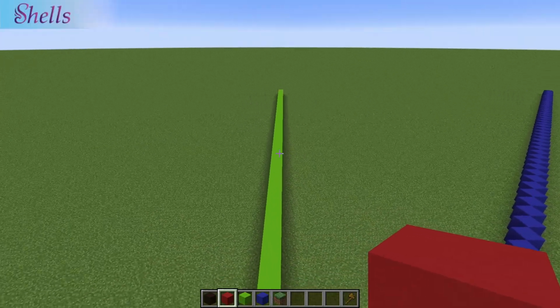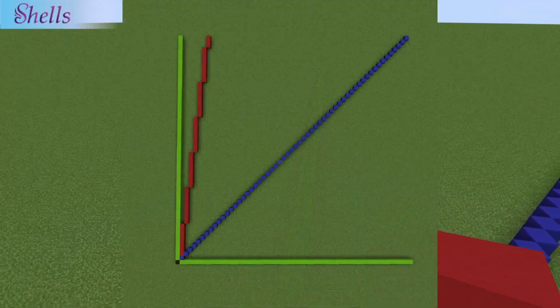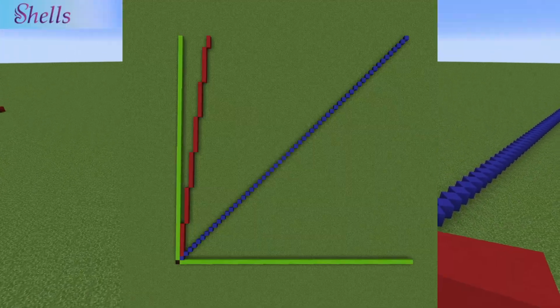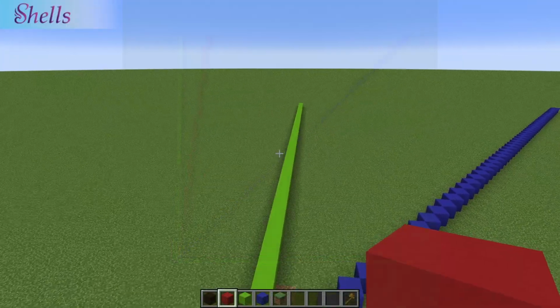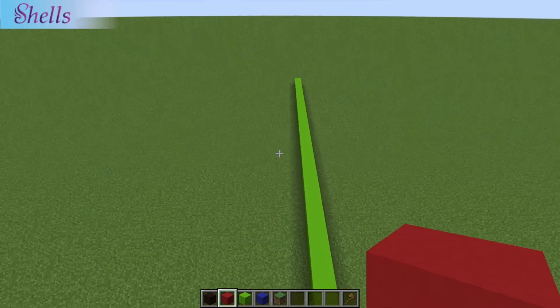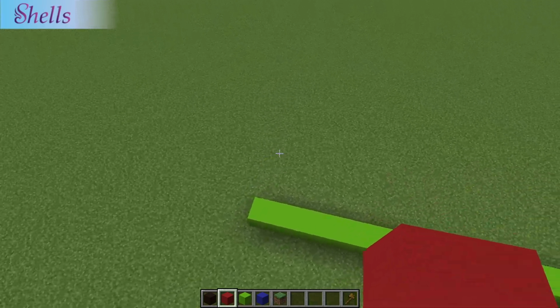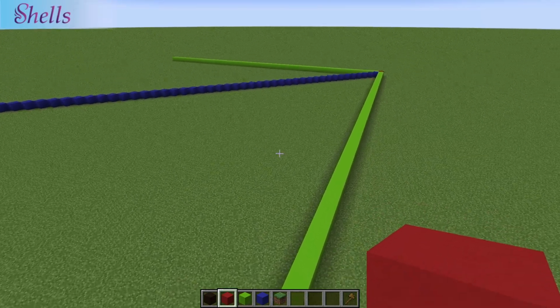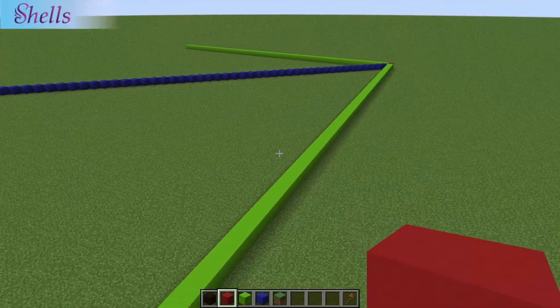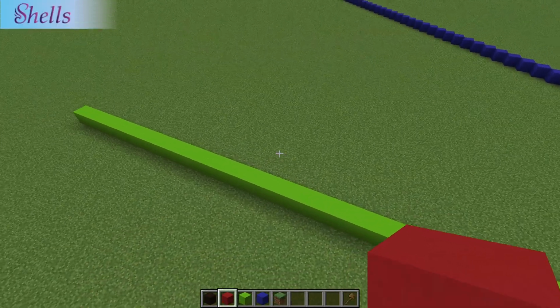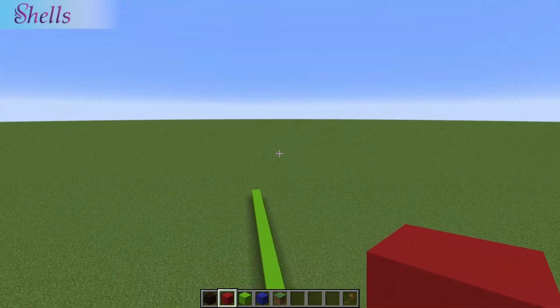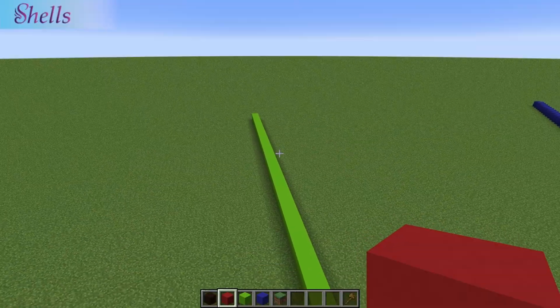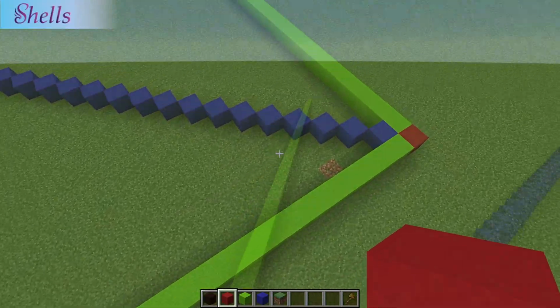So as you approach this line, your pattern will look something more like a 9 repeating pattern. And depending on how long your line is here, that pattern can get longer too. So for instance, if your 90-degree line is, say, 100 blocks across, your pattern could be a 50-block repeating pattern.